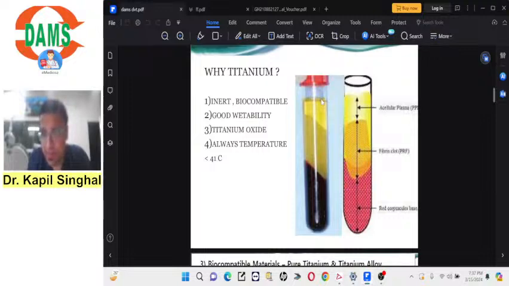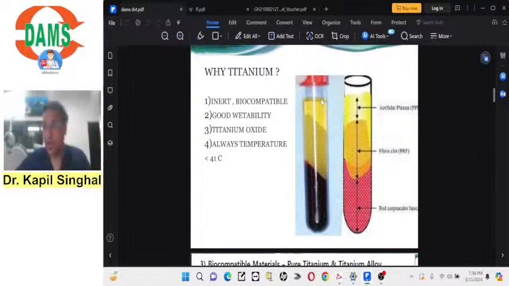Similarly, if the temperature reaches above 47 degrees centigrade, the alkaline phosphatase, the enzyme that helps in bone formation, will also denature. So ideally the temperature should be less than 41 degrees centigrade, and if it reaches more than 41, osteoblast will die. And if it reaches more than 47 degrees centigrade, alkaline phosphatase will denature.